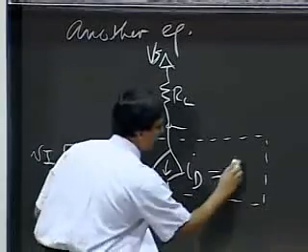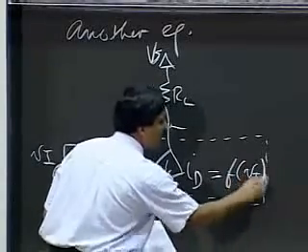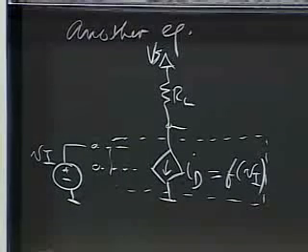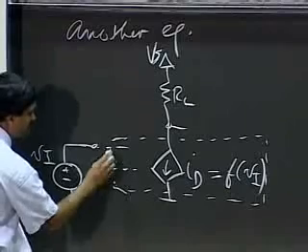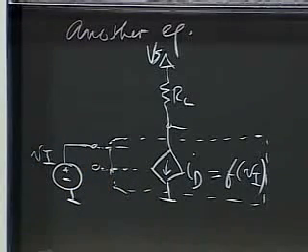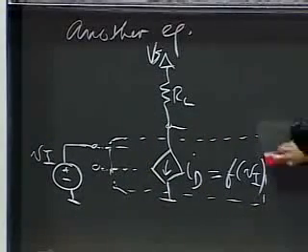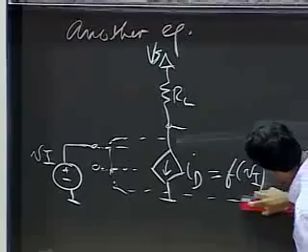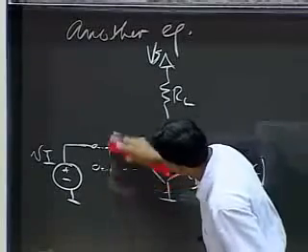So let's say the current ID is some function of Vi because Vi is applied at the control port. Okay, and as I pointed out before, I oftentimes, just for clarity, just don't show this dependent source explicitly.